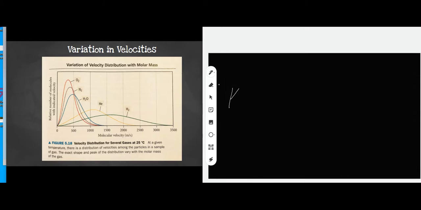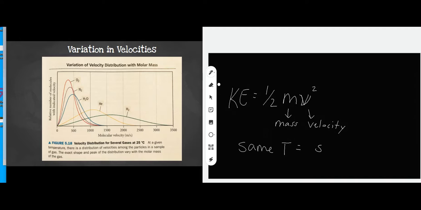So kinetic energy is 1/2 mv squared. This is our mass of the particle, and this is the velocity of that particle. And if they have the same temperature, same T equals same average kinetic energy.